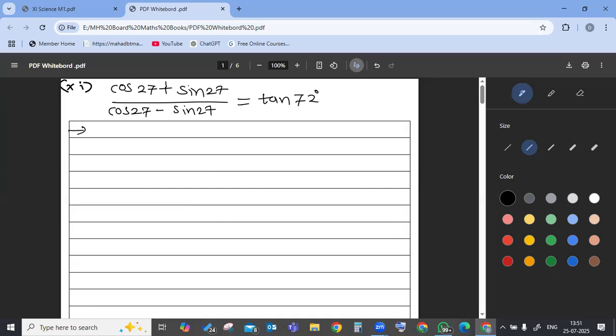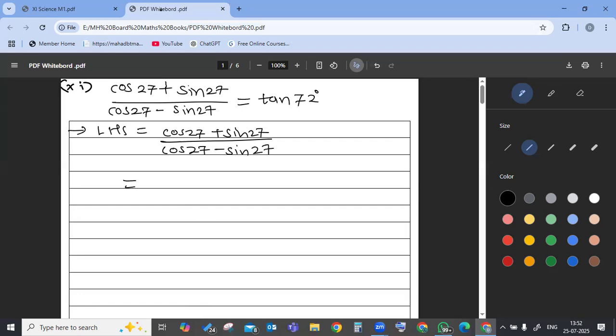Let's start with LHS, which is equal to cos 27 plus sin 27 upon cos 27 minus sin 27.